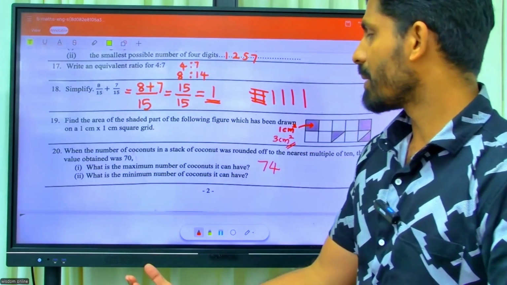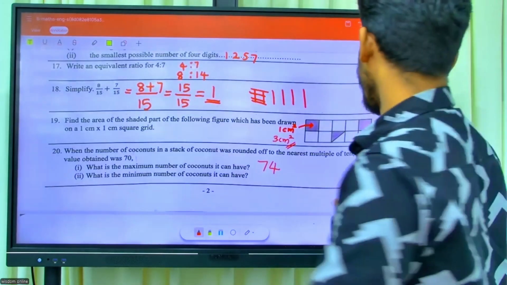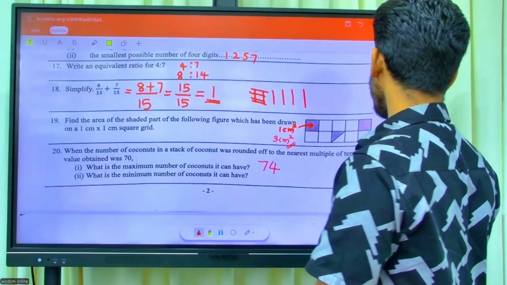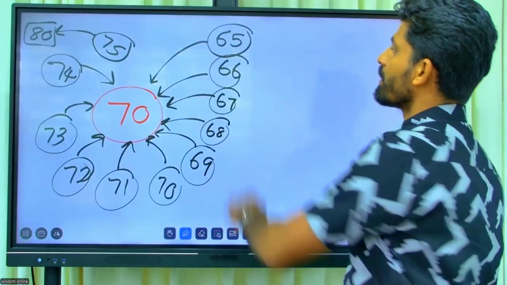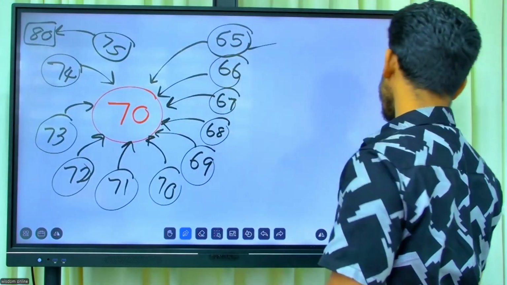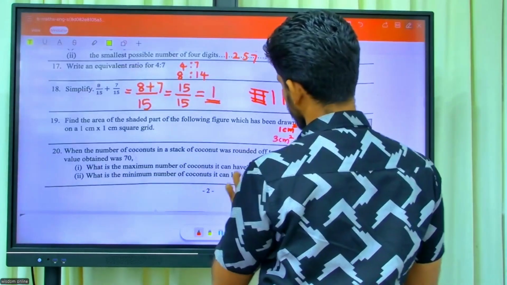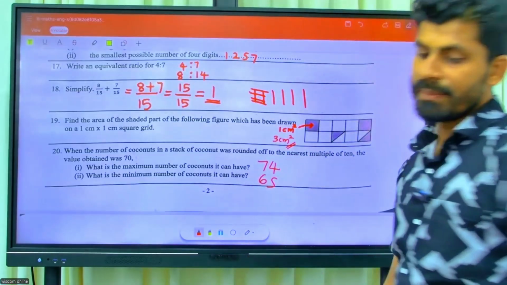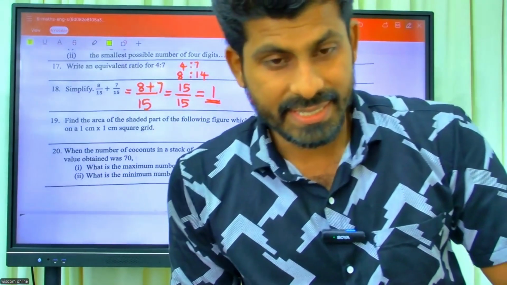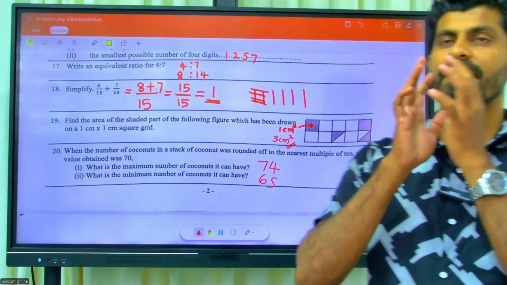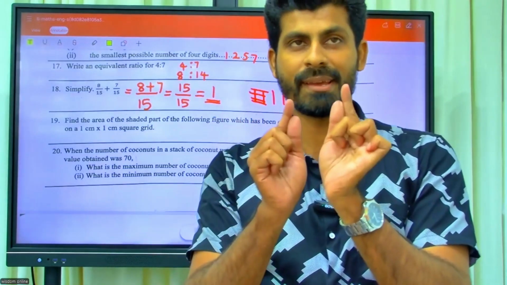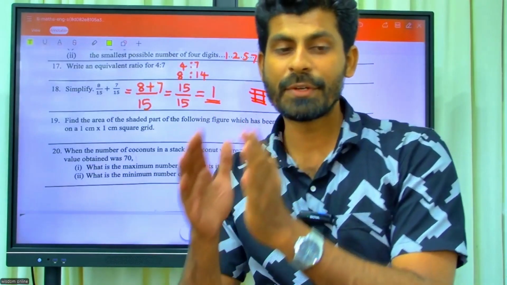What is the minimum number of coconuts? The minimum number of coconuts is 65.